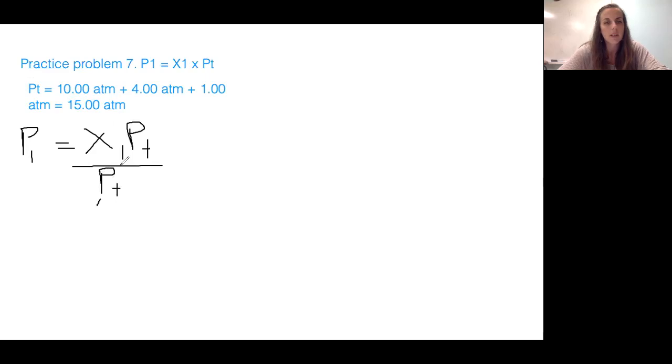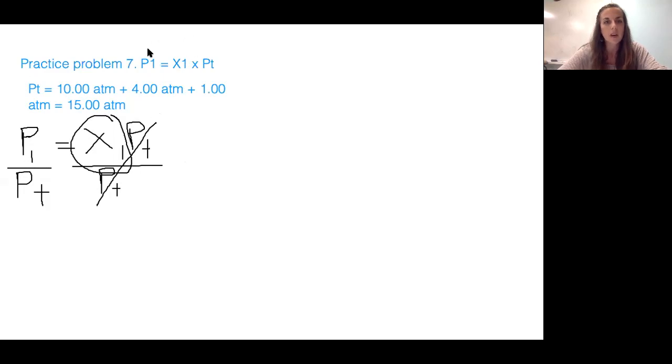So I'm going to divide by total pressure on each side so that it cancels over there. So my mole fraction is equal to the pressure of one substance divided by the total pressure. Okay, so we're going to do that for each one in the question, because they asked what the total pressure was, which we found here, and they asked us what the mole fraction for each gas was.